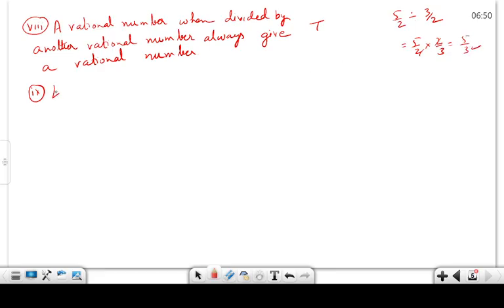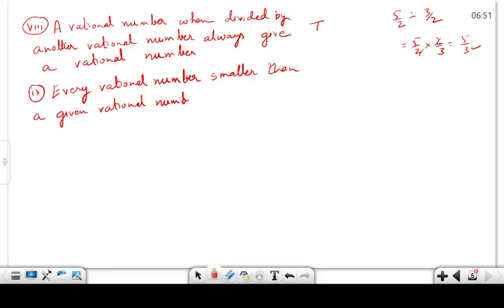Number 9 is every rational number smaller than a given rational number p by q lies to the left of p by q.